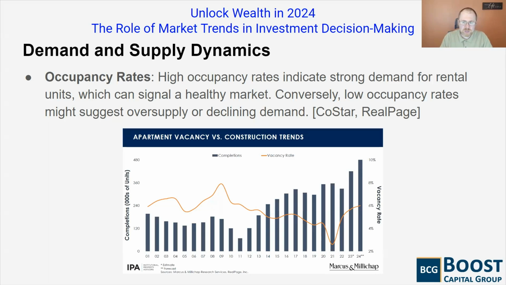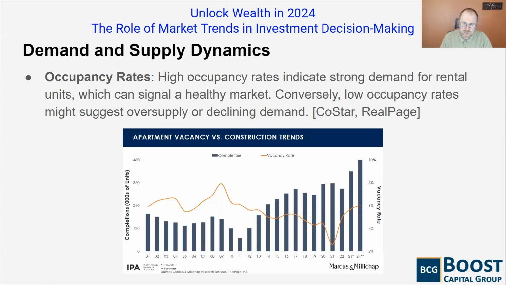Here, as an illustration of what the current trend is, for the reason that we mentioned, the oversupply. You see the vertical darker gray bars that show new completions, and you can see that for 2024, there's a total in the US of 480,000 units that are expected to be delivered.